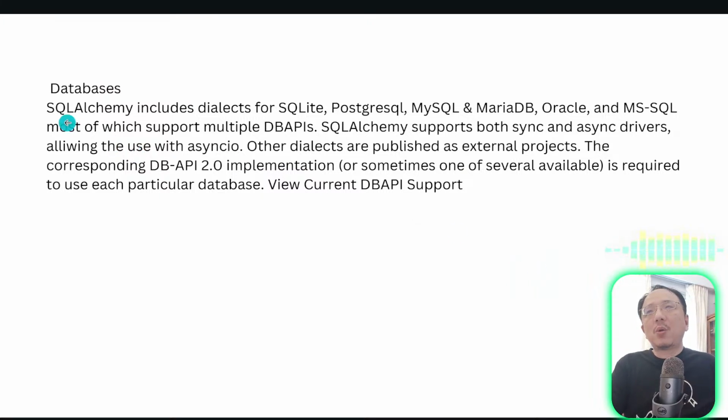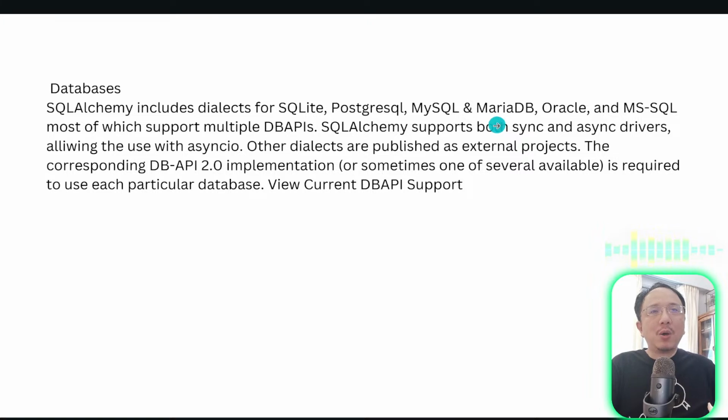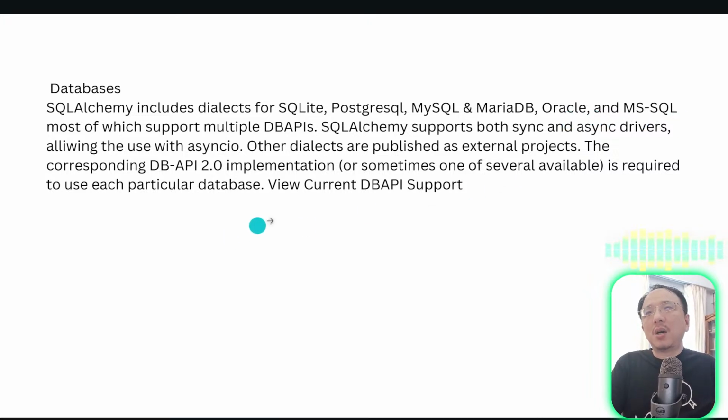So which databases are supported by SQL Alchemy? Here is a short list: SQLite, PostgreSQL, MySQL, MariaDB, which are mostly the same, and Oracle, MS SQL. Probably all of them I have mentioned before. These are just the popular ones.